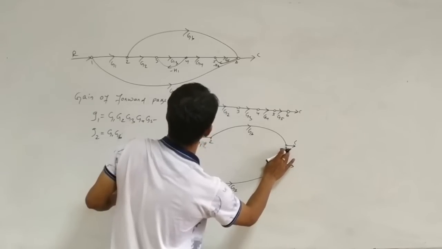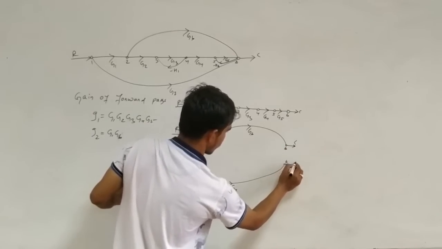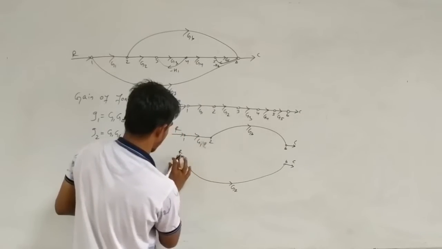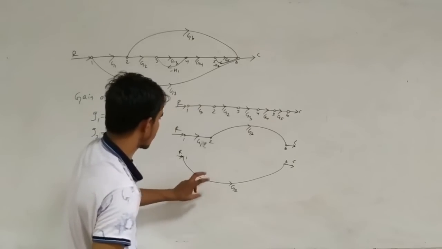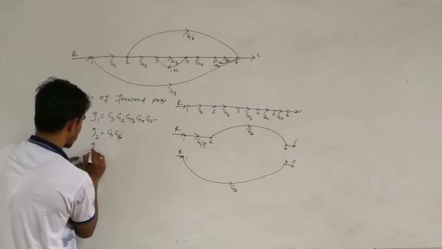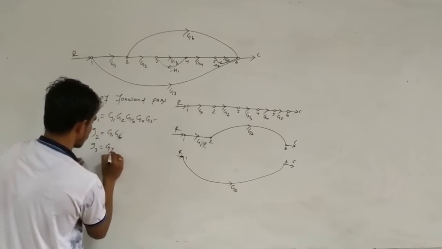This is node number 6. Okay, so this is third forward path. Suppose say P3, P3 gain will be what? G7.